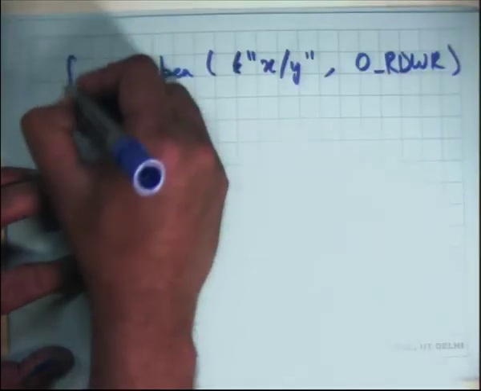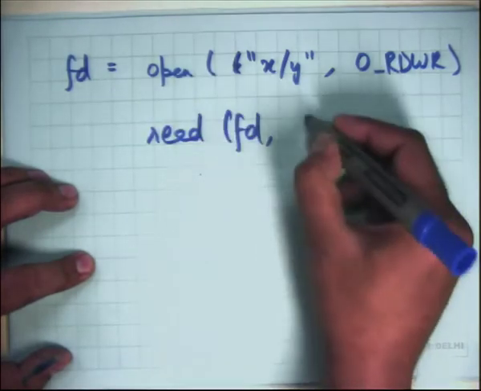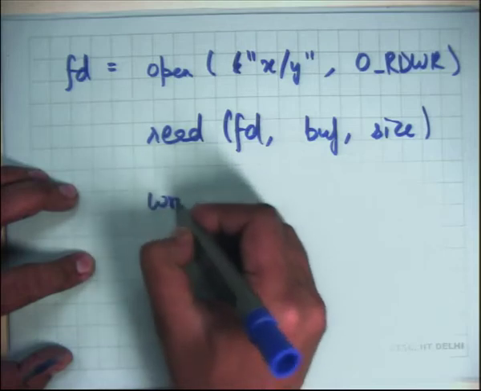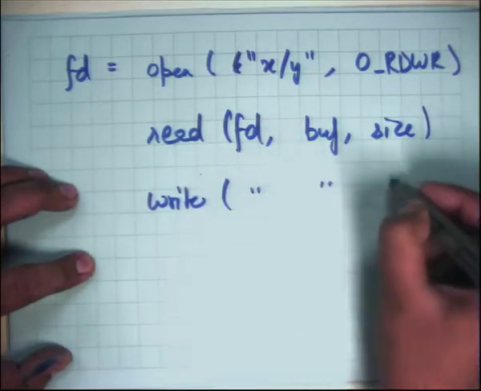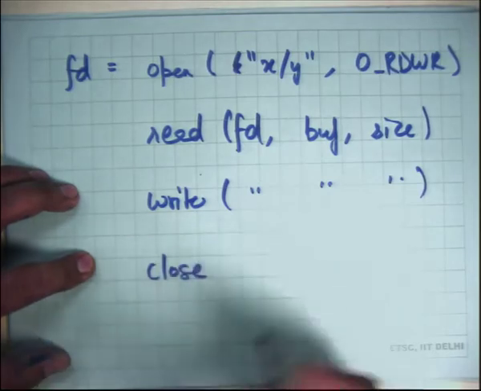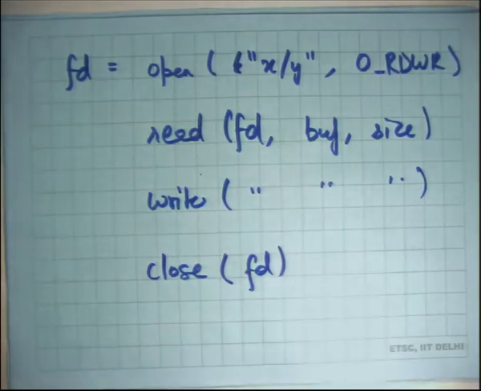That gives me a file descriptor. Then you have read on a file descriptor with some buffer and some size, and you have write, same thing, and you can have close. So open, read, write, close is the interface that we are very much familiar with.